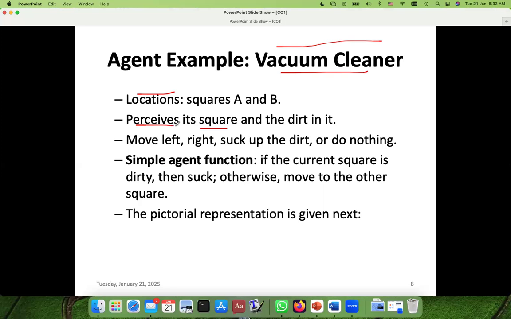So first it will perceive where it is, and then it will perceive in which square the dirt is available. So basically, your agent can perceive the location and the dirt.